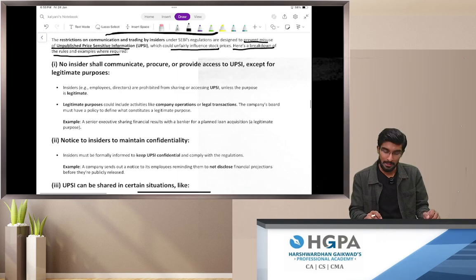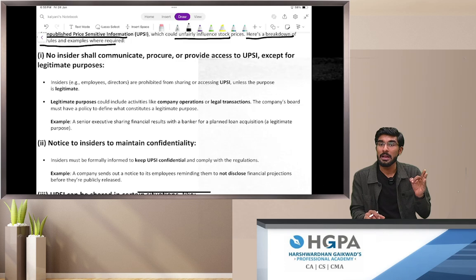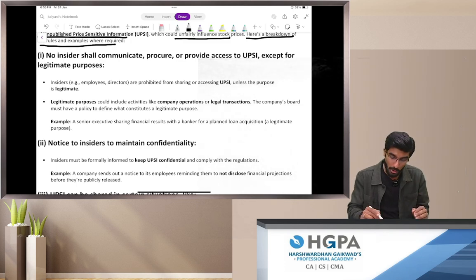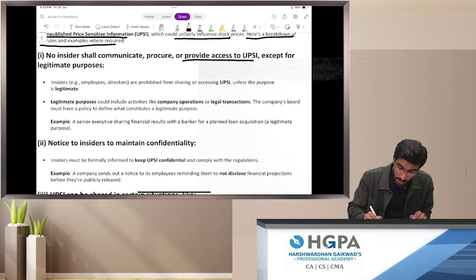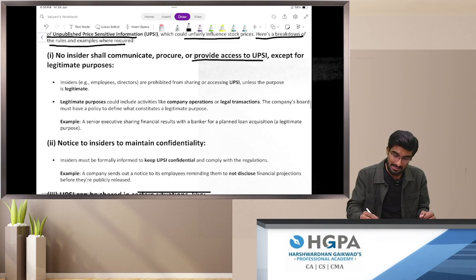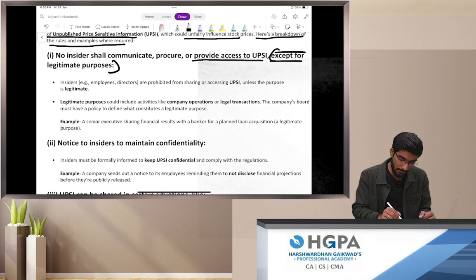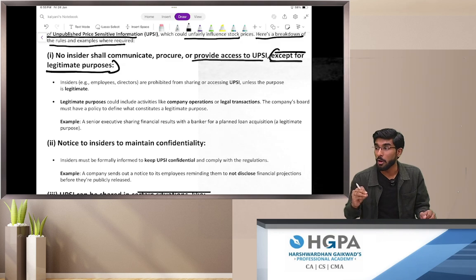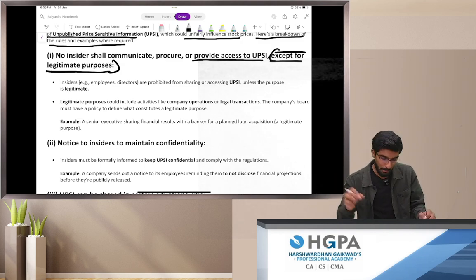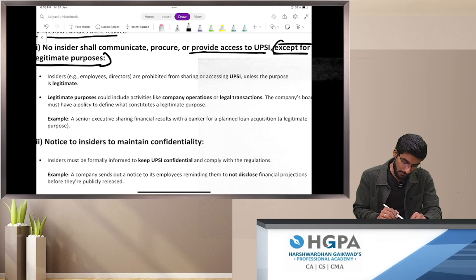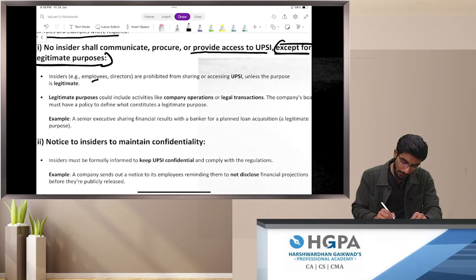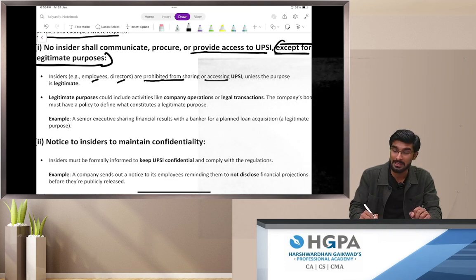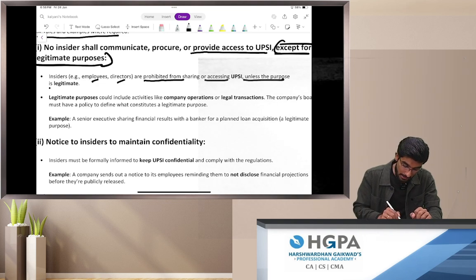The rule says, people, no insider shall communicate, procure, or provide access to UPSI except for legitimate purposes. We will understand this later on. Insiders like employees or directors are prohibited from sharing or accessing UPSI unless the purpose is legitimate.